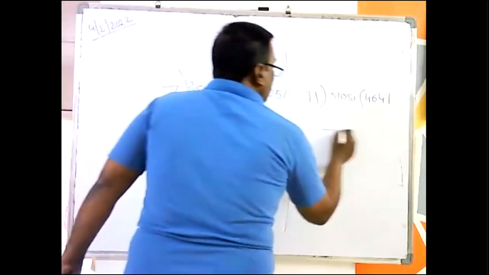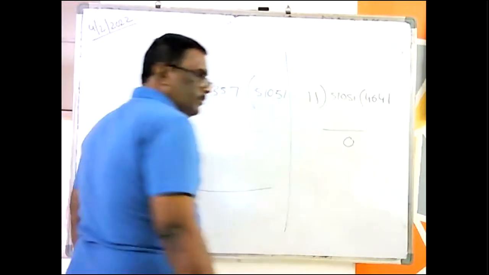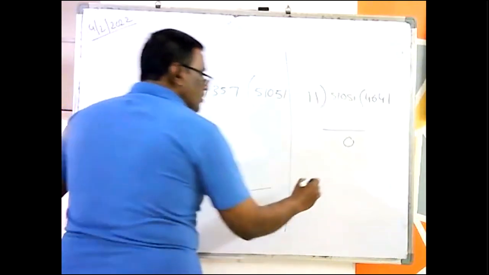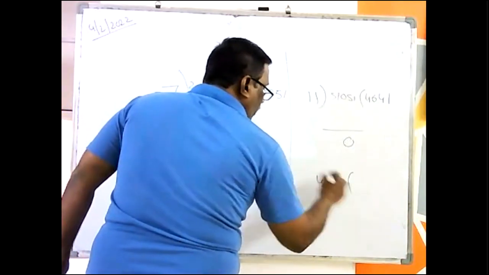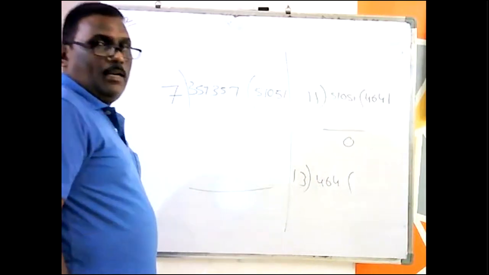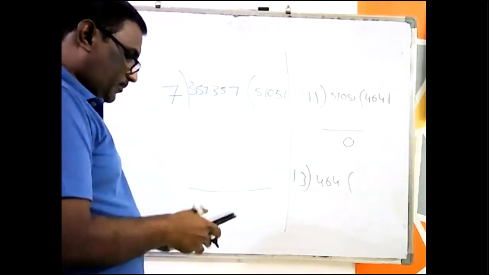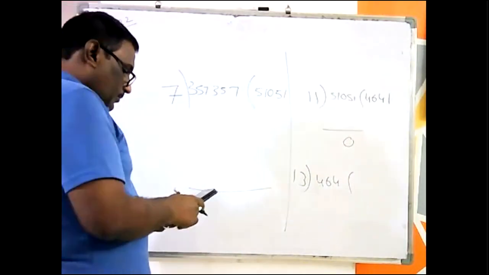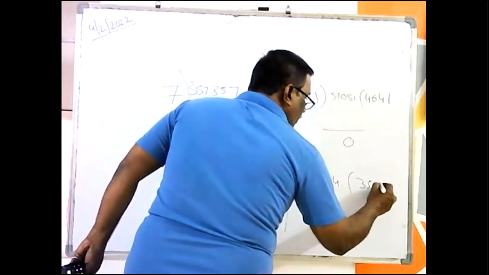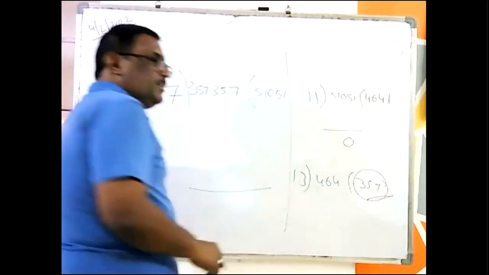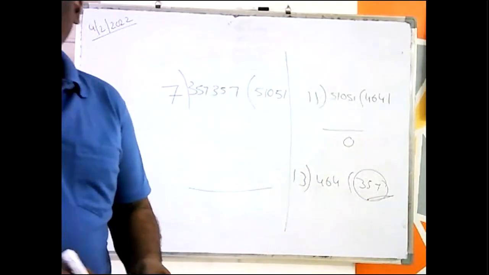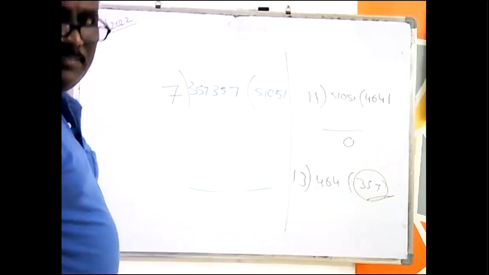You will get quotient 4641. Now 4641, whatever the quotient you are getting, that is divisible by 13. If it is divisible by 13, what is the quotient you are getting? 357.